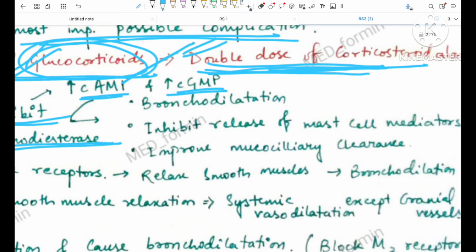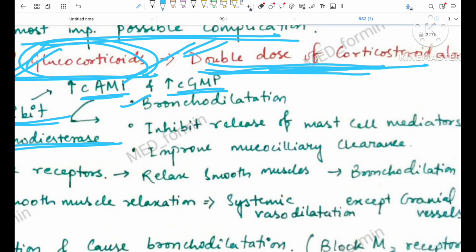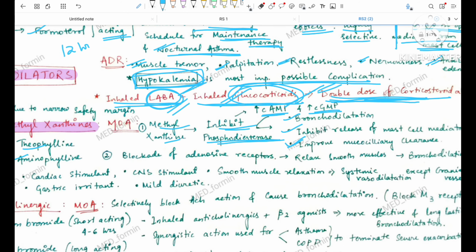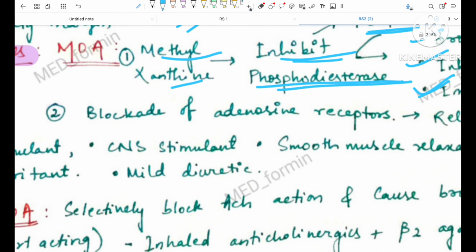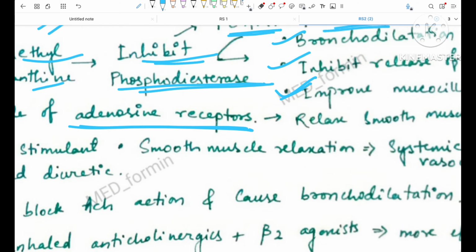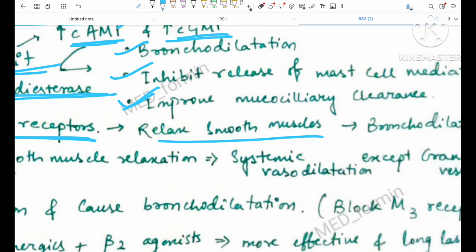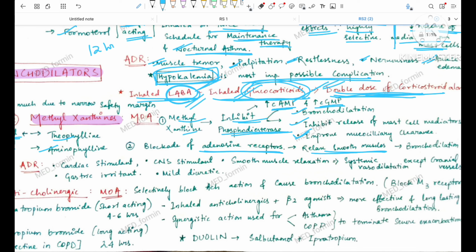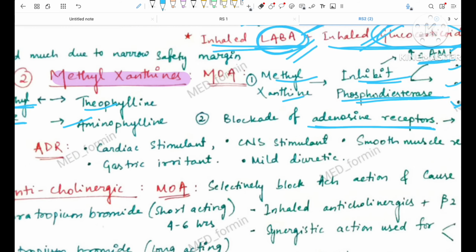So ultimately it causes a similar effect of bronchodilation, inhibits release of mast cell mediators, and improves mucociliary clearance. But along with that, it has another action. Methylxanthines cause blockade of the adenosine receptors, which causes relaxation of smooth muscles and thus bronchodilation.